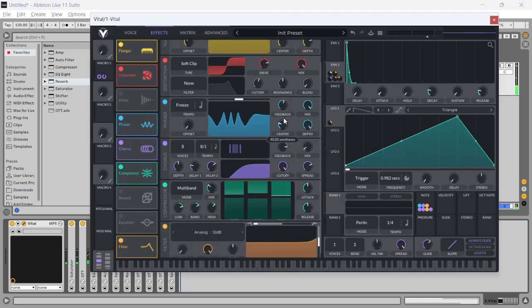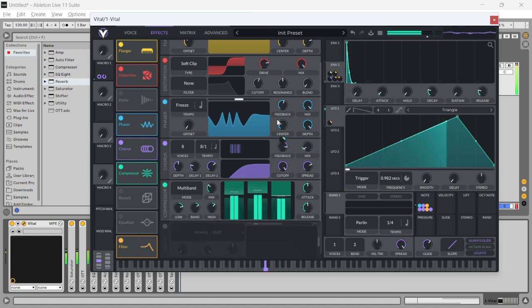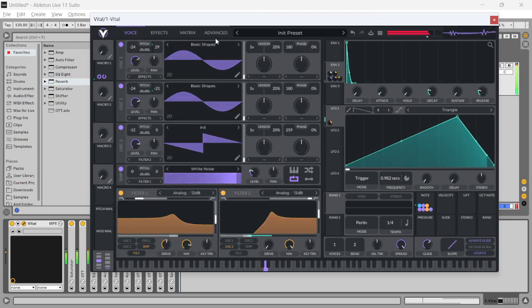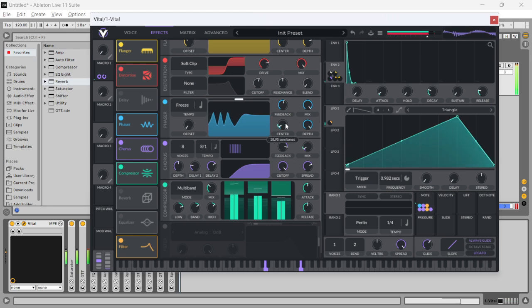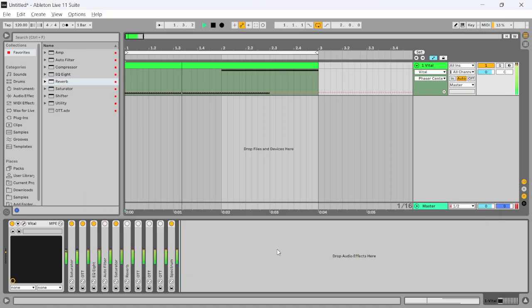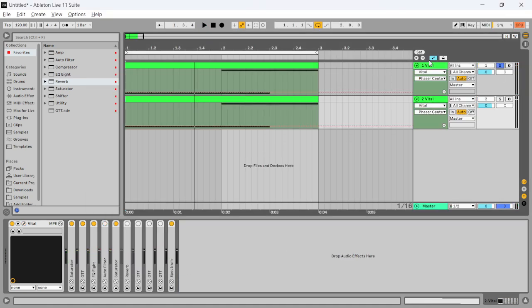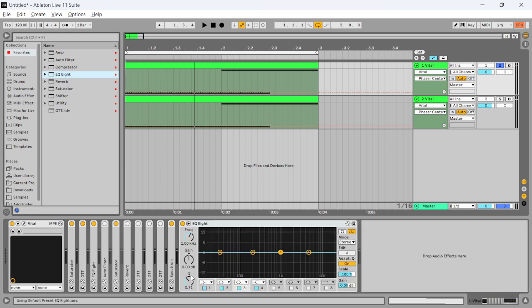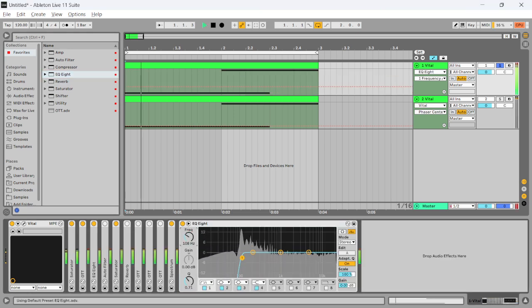And of course, we can mess around with the phaser now. Now, what I also suggest you do is that you take this, you do this, this, this, this, this.